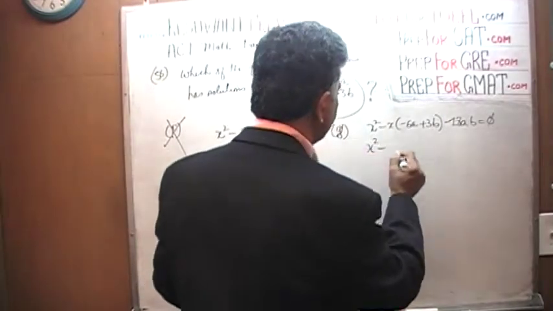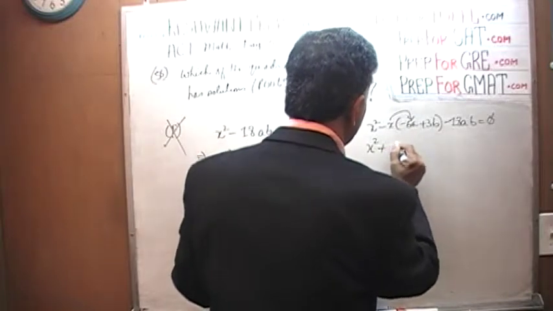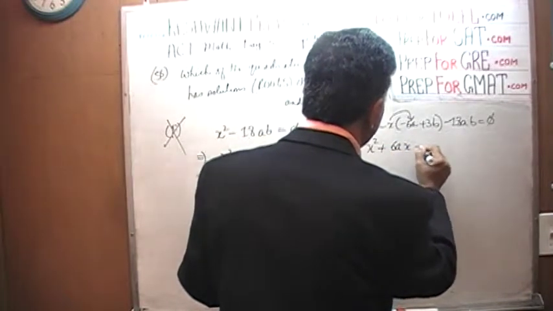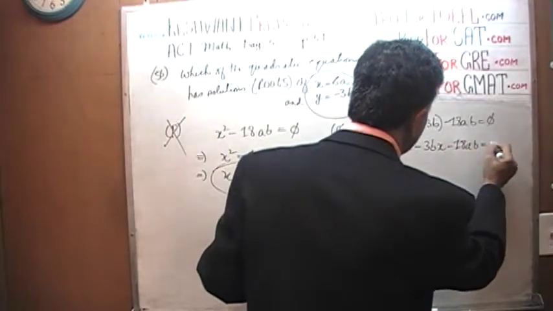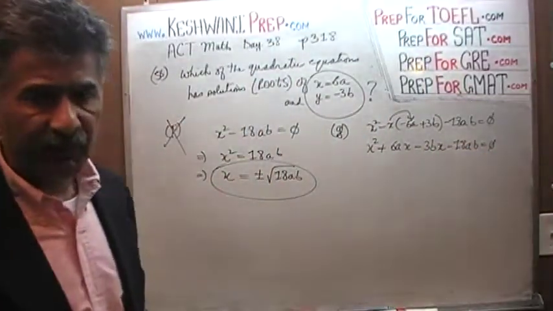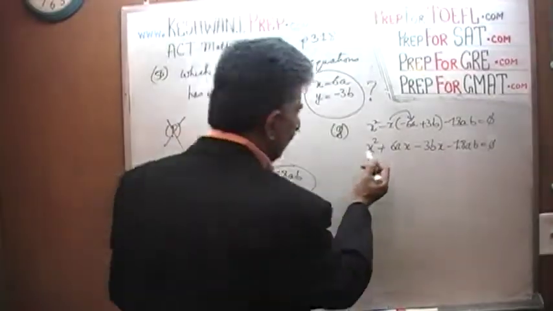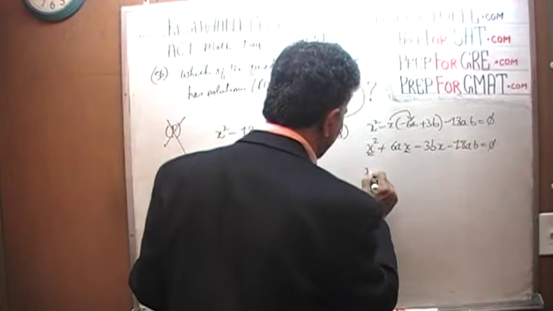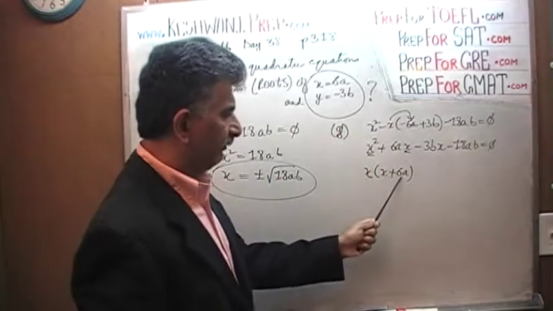x squared minus, to open the parentheses, negative x times negative 6a is going to be positive 6ax, negative 3bx minus 18ab equals 0. I'm not going to explain every single step because otherwise it will be too excruciating and take too much time. We have x squared here, we have x here. Let's take out x common. Once we take out x common, we have x plus 6a.